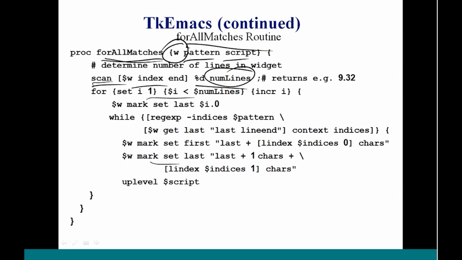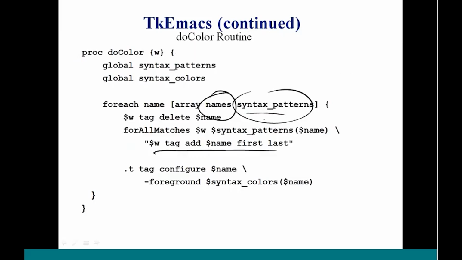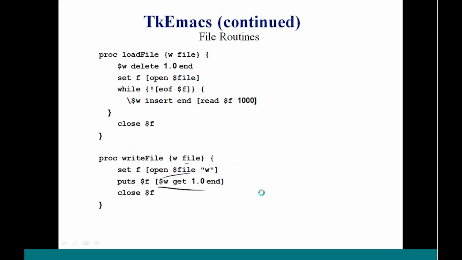And then in this loop we get the end and then we add that one factor to it. And then the do color routine does the coloring. Here we specify for each of the arrays the syntax pattern, and then we can go ahead and delete the tag itself. And then we configure with some configuration values.